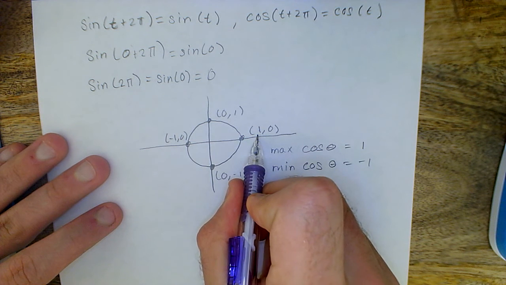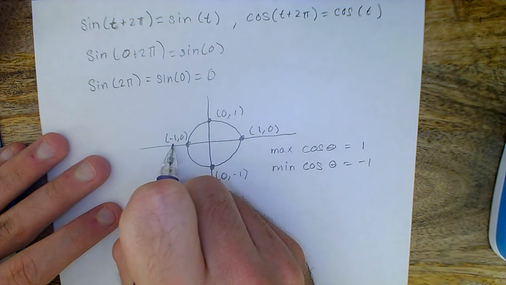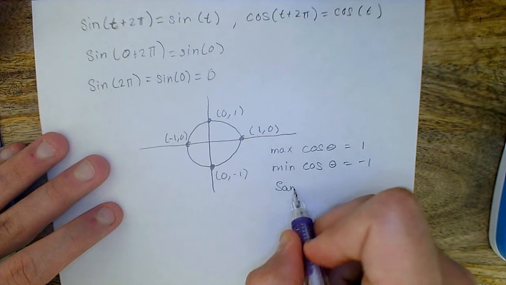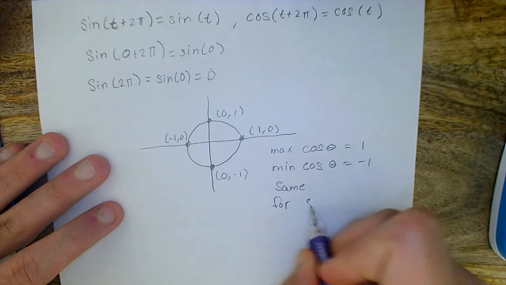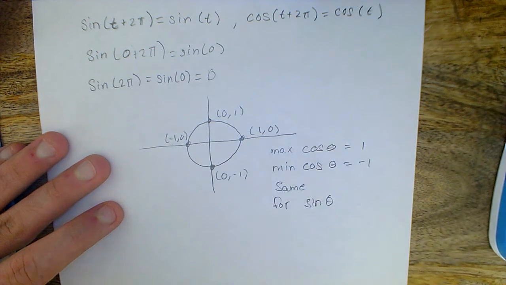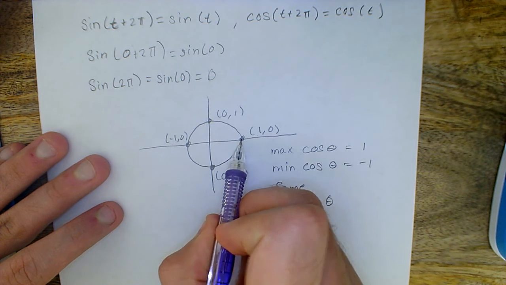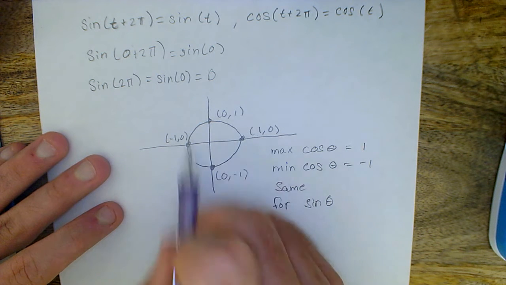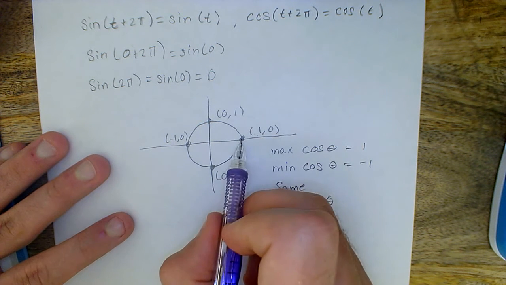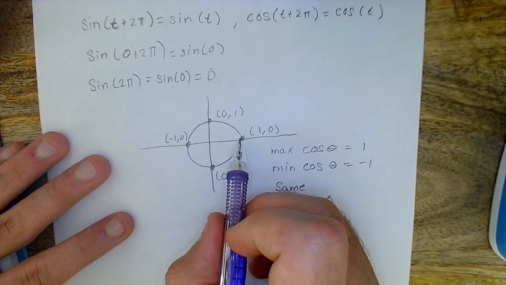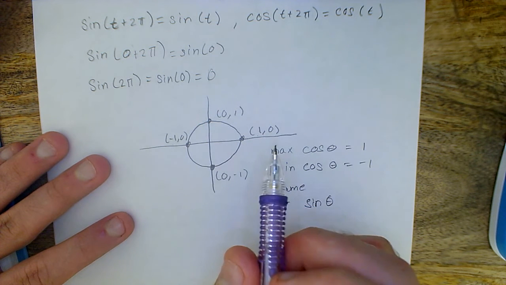Right, because the biggest x value you can get is 1 here, and the smallest one you can get is negative 1 here. And that's the same for sine theta. They just occur at different points. So the maximum of cosine is when your angle is 0, or 2 pi, or 4 pi, or 6 pi, and then also negative rotations as well.